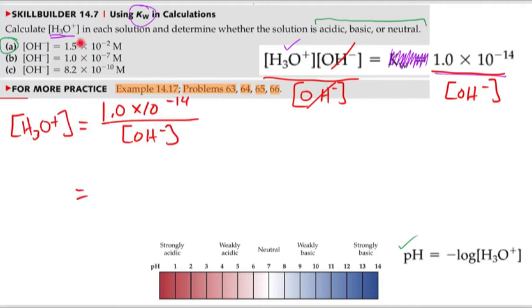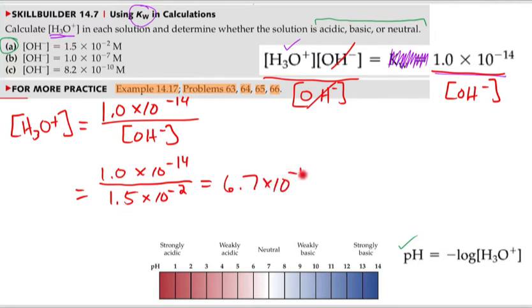I'm given the hydroxide concentration here. If I divide the two numbers by each other, I get 6.7 times 10 to the minus 13. When you do this on your calculator, you're looking for your EE button. Most students are using Texas Instruments calculators, for good or bad, and you'll be looking for an EE button somewhere on your calculator.